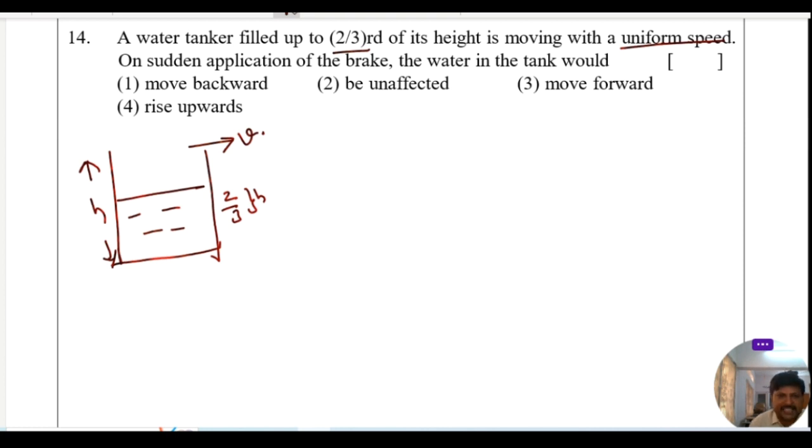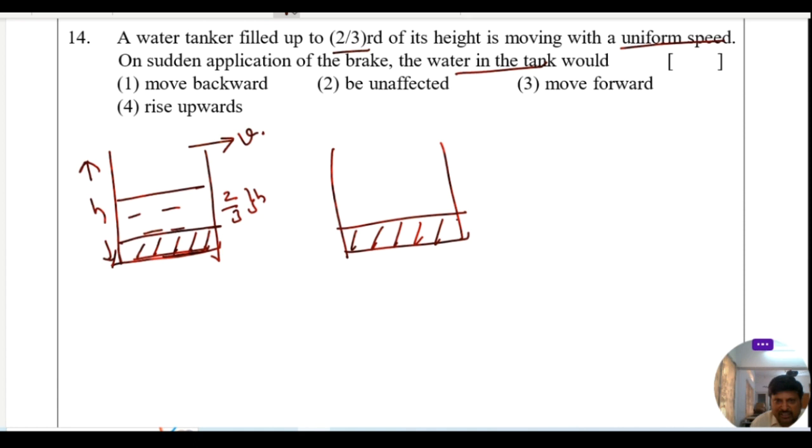On sudden application of the brake, the water in the tank. My dear children, the lower part is in contact with the tanker.